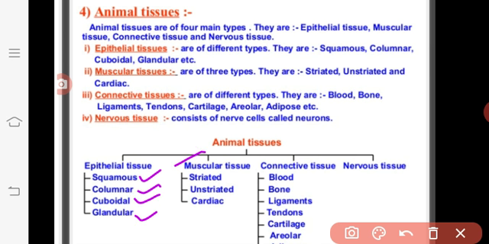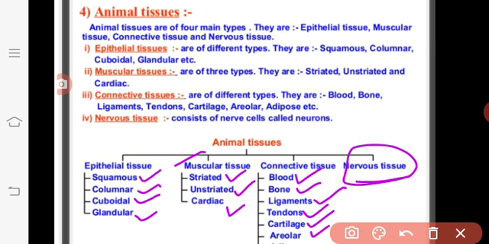Muscular tissue is of three types: striated, unstriated, cardiac muscles. Connective tissue: blood, bones, ligaments, tendons, cartilage, areolar tissue. And the fourth is nervous tissue. So animal tissue is of four types: epithelial, muscular, connective, and nervous tissue.